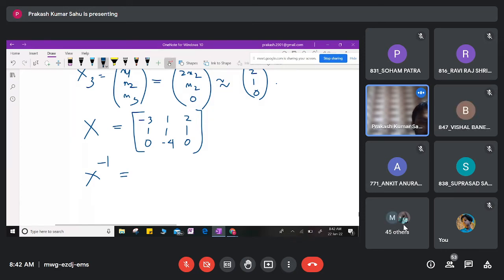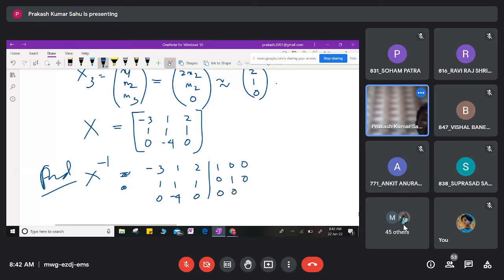Yes or no? तुम गॉस जॉर्डन में X inverse find करोगे तो क्या रहेगा? ओके, फाइंड X inverse. तो X inverse find करोगे तो पहले तुम लिखना पड़ेगा, ओके, augmented matrix 0 1 0 0 0 1. ओके, एंड उसको तुम सिंप्लीफाई करो. सिंप्लीफाई करो, क्या होगा?